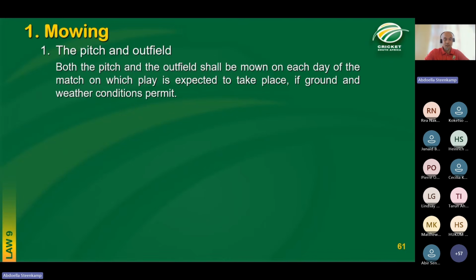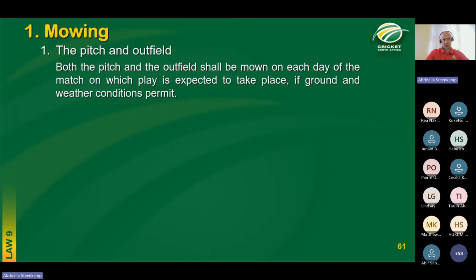So we need to try to keep conditions exactly the same over the 5 days. This is the main reason why the pitch and outfield need to be mowed on each day, because the grass grows so quickly overnight. If you just leave it and don't cut the grass, you can imagine that the grass will be thick on day number 5.